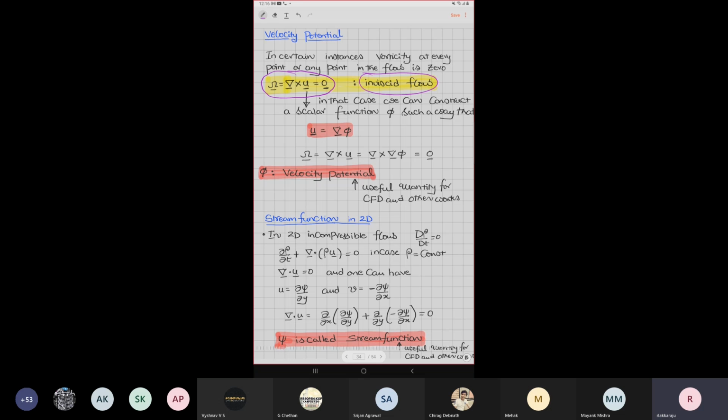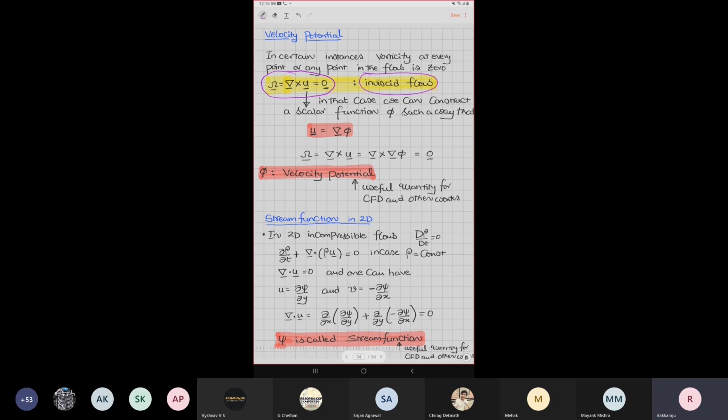Otherwise, we have to solve the Navier-Stokes equation with your initial conditions and boundary conditions, which are non-trivial tasks. But when this kind of inviscid flow exists, you are confirming that the curl of velocity, the vorticity, is 0.